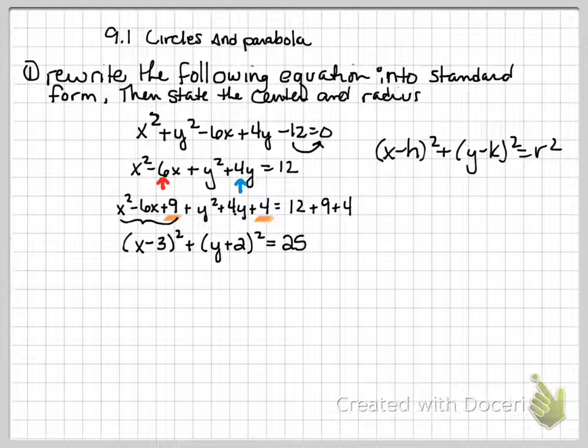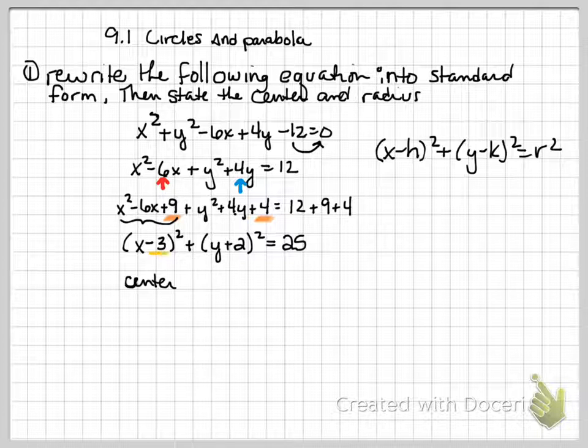So we can say that our center is at 3 and then negative 2. I'm going to go back a little bit and make that a little darker so you guys can see it.